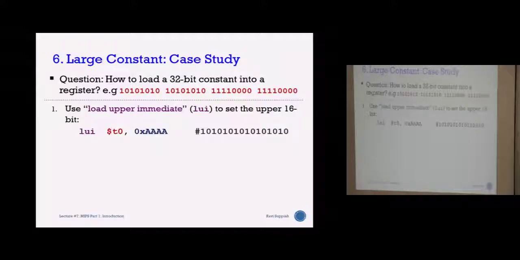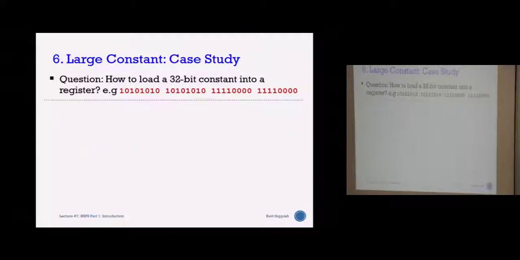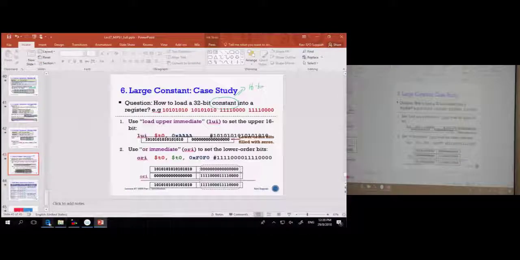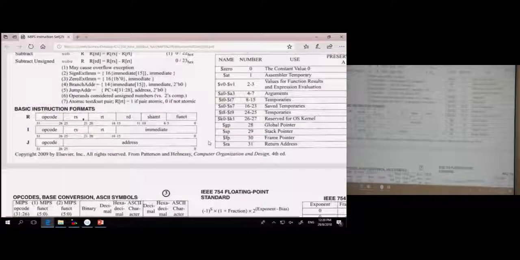So let's look at this. We say that the constant value, the immediate value that we specify in the instruction, is 16-bit. So where do I see this? Let's look back at the instruction here. There are 3 types of instruction.